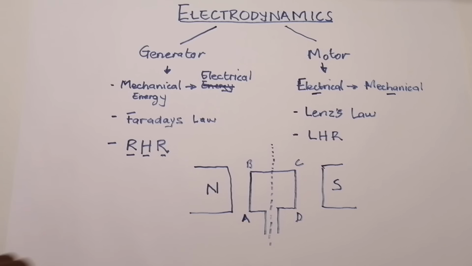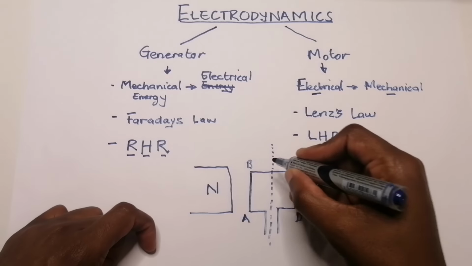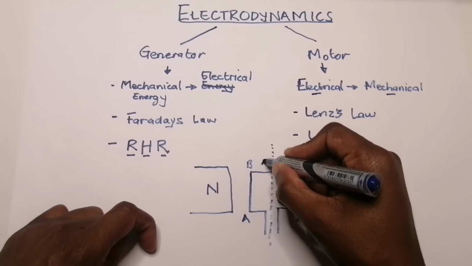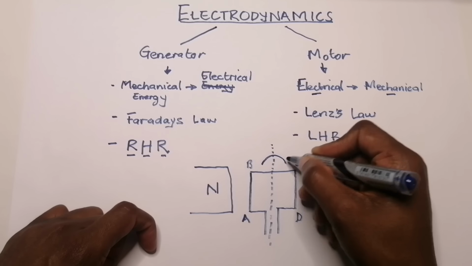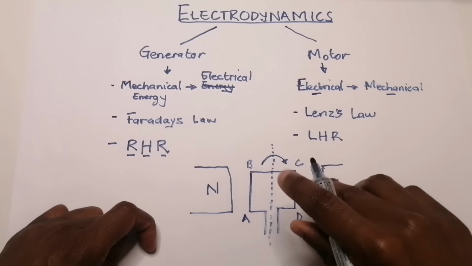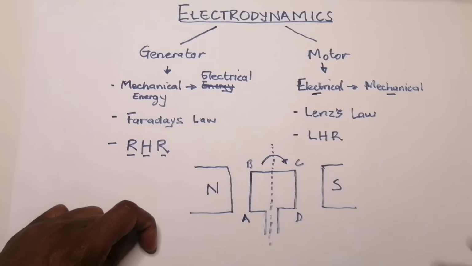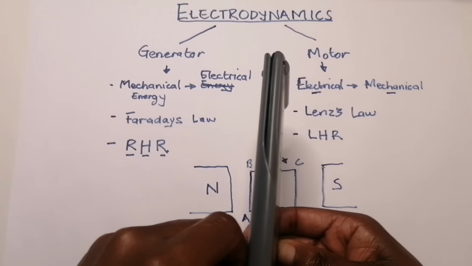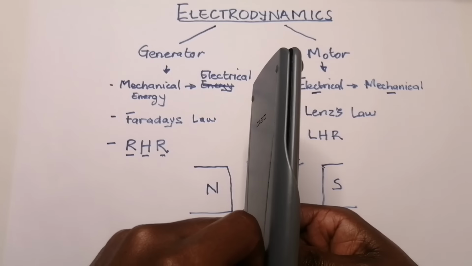Let's assume this armature is rotating, and it's rotating clockwise. Can you see that? Taking my calculator again, this is our armature part, and it's rotating clockwise like that.